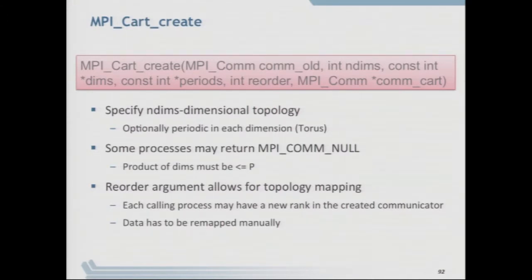So the mapping has not changed. It's just that this new communicator will have a Cartesian topology associated with it, and you can do all the query functions. Who is my neighbor left, right, and what are my coordinates in this mesh, and so forth, which you might need for your calculations in your program. So you typically want to pass reorder equal to 1.